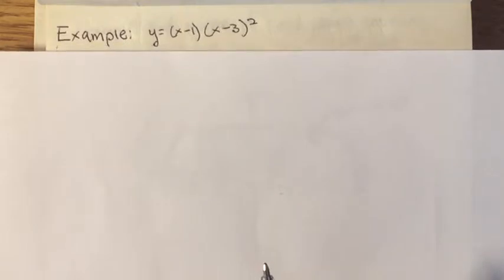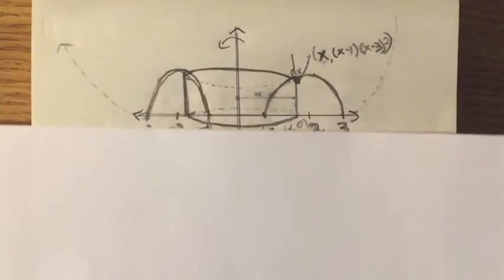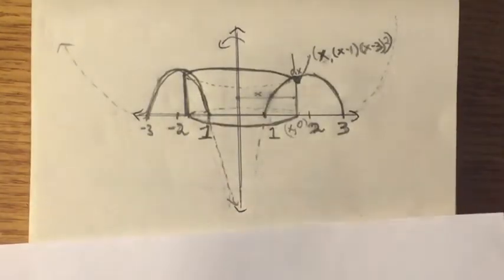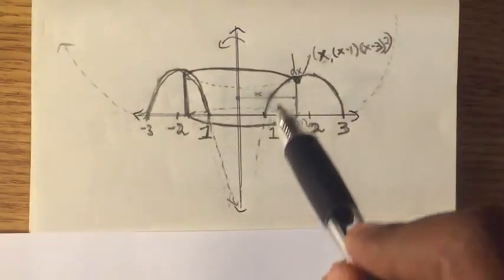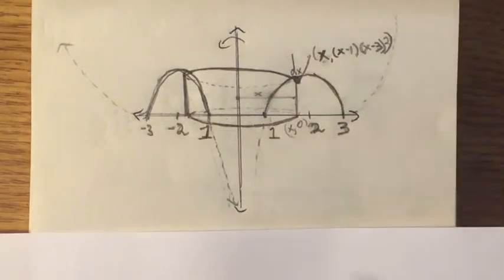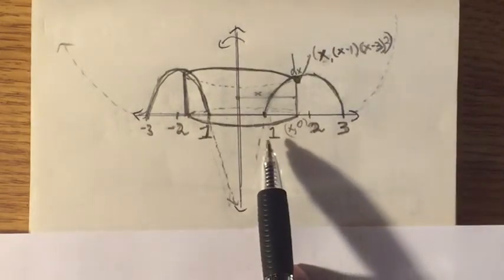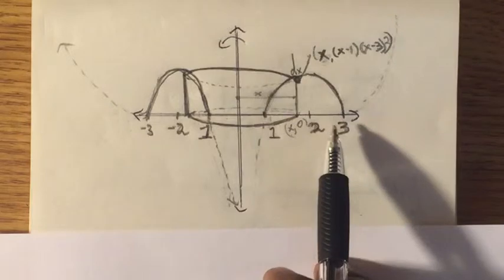Alright, let's get started with this function. It reads y is equal to (x minus 1) times (x minus 3) squared. This is what the graph is going to look like. It's going to go like this, like that, like this, and we're only finding the area between 1 and 3.